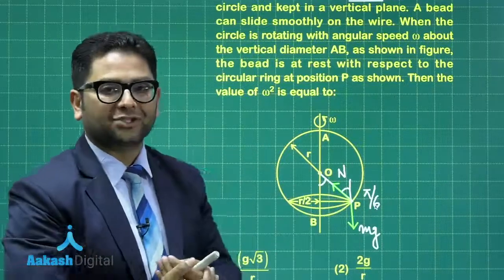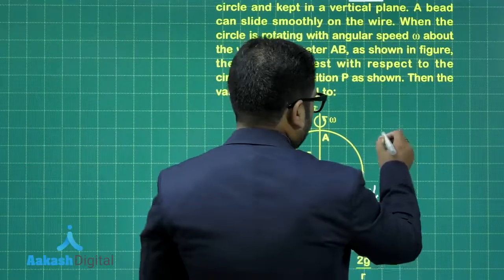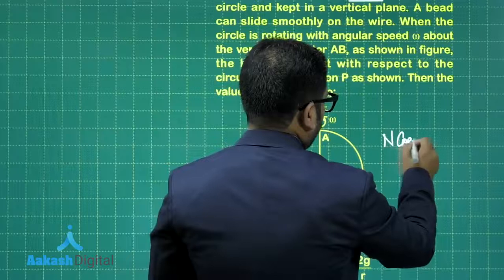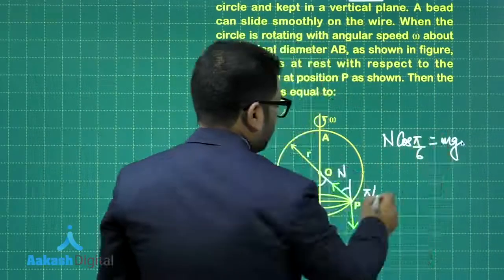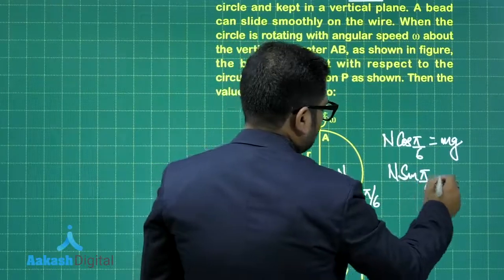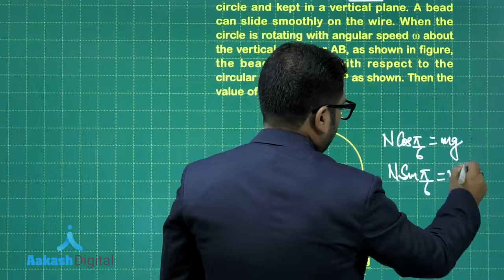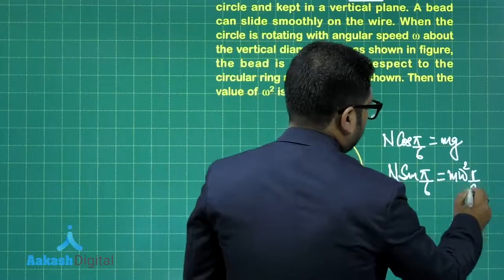You can analogize. So here what you get is that N cos pi by 6 is equal to mg, and then N sine pi by 6 would be equal to m omega square times the radius, and the radius is r by 2.